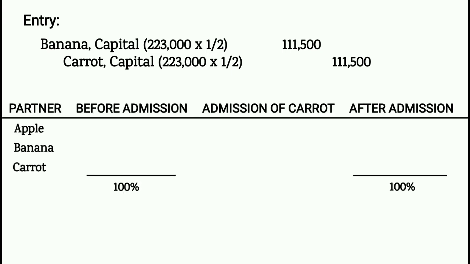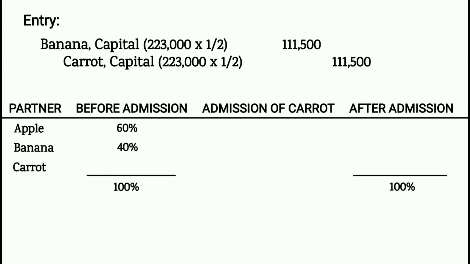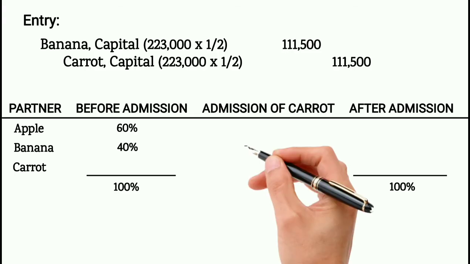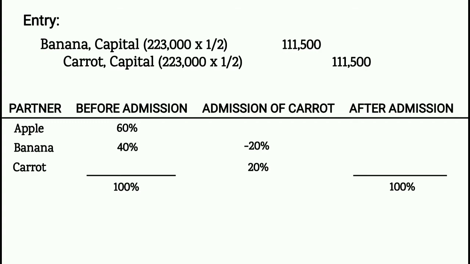Before admission, the profit or loss ratio is 60-40: 60% for Apple and 40% for Banana. Of course, because Carrot was admitted to the partnership and bought 50% of Banana's capital interest, Banana will decrease by 20% and Carrot will increase by 20%.